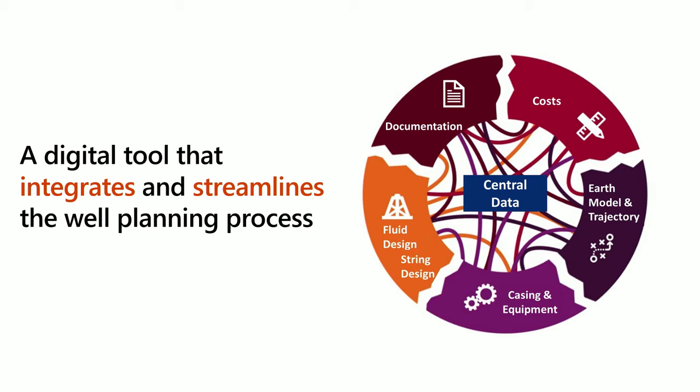For example, the outputs for the fluid design step, shown in orange here on the screen, are fed as inputs when an engineer is doing his casing design work, which is shown in purple at the bottom. Now, once he does that work scope and those calculations, those outputs are then fed as additional inputs for fluid design work. So as you can imagine, this creates a lot of rework, a lot of iterations, and ultimately a lot of non-value added time to the engineering process.